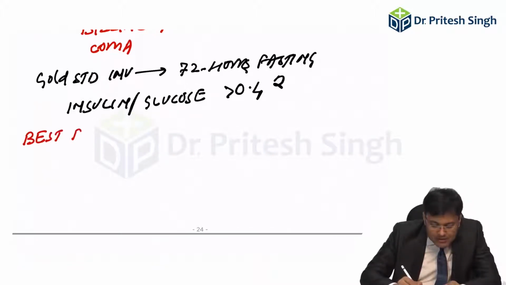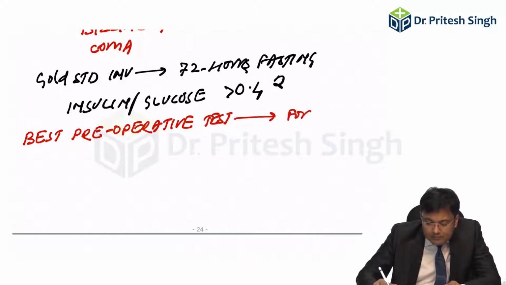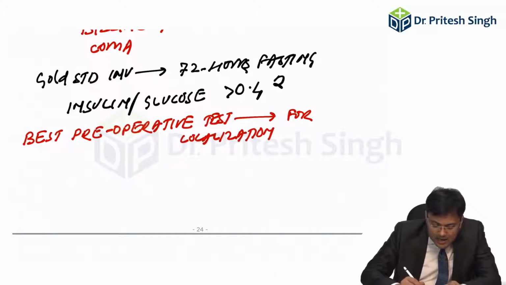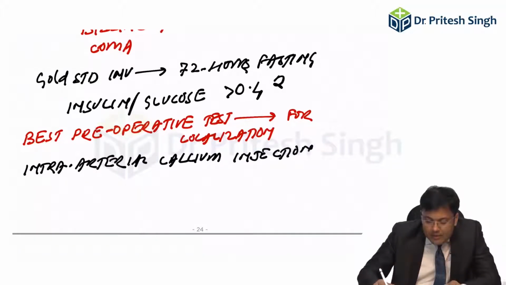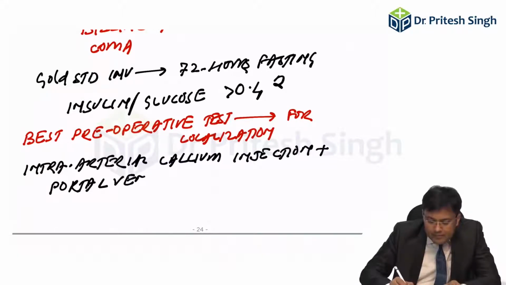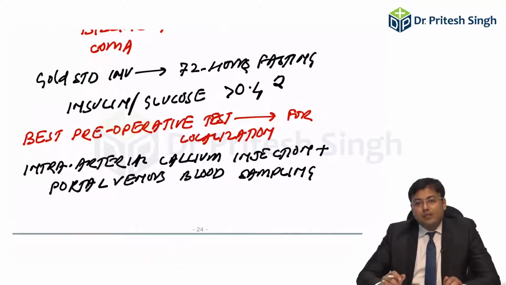Best preoperative test for localization is intra-arterial calcium injection plus portal venous blood sampling.